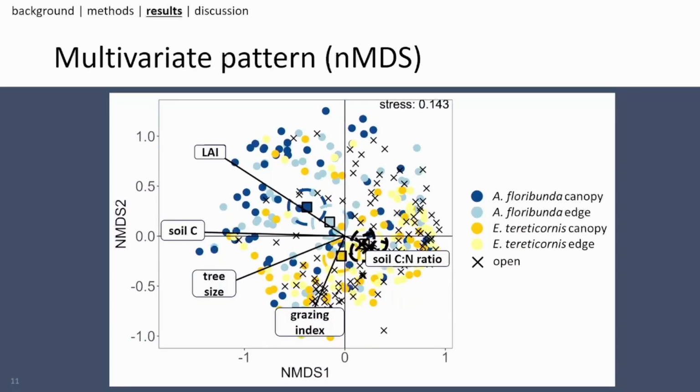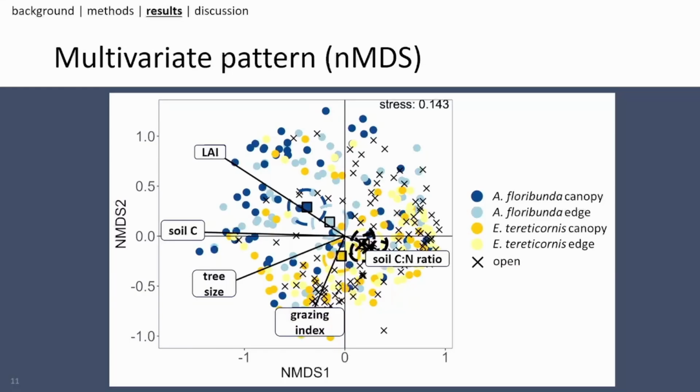And then I was also interested in plant species composition. So I conducted non-metric multidimensional scaling. Each dot here represents the plant species composition of a plot that I surveyed, and the different colors represent the different tree species.